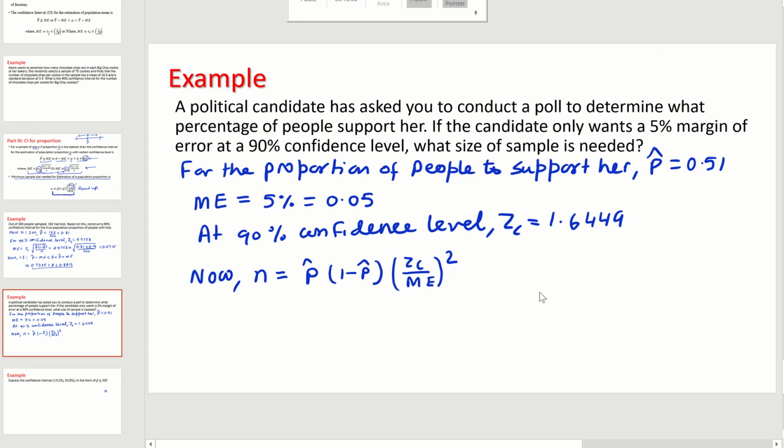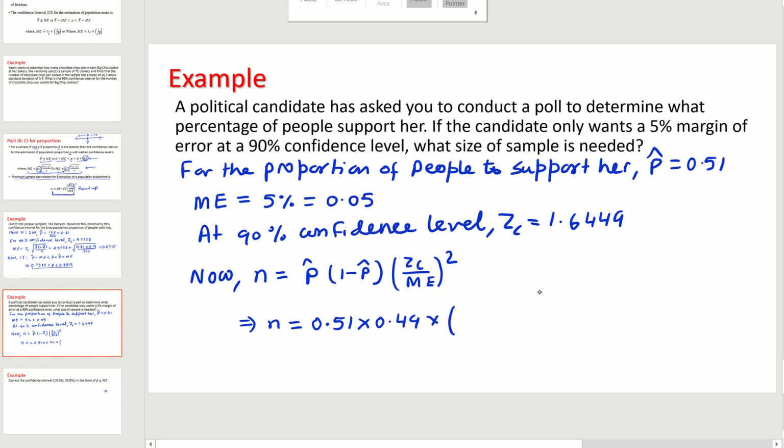Okay, let's plug in the values. This implies n equals p hat is 0.51, because if we get at least 51%, then we say that the population is in support of her. Multiplied by 1 minus p hat, 1 minus 0.51 is 0.49.